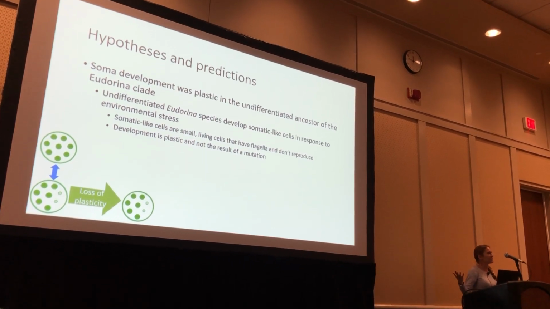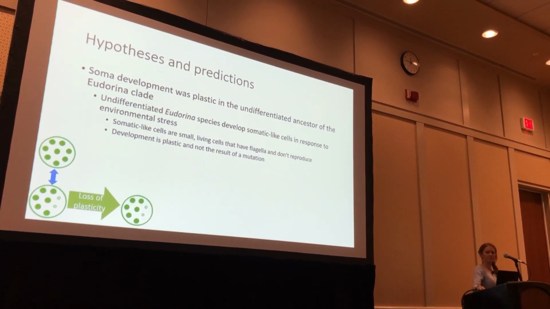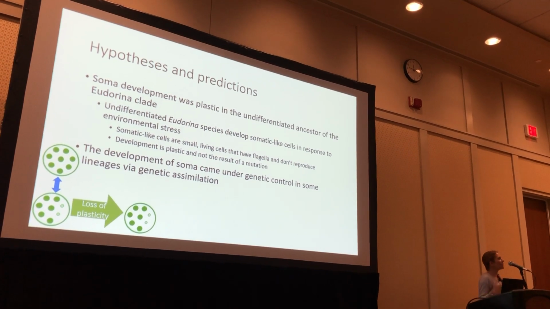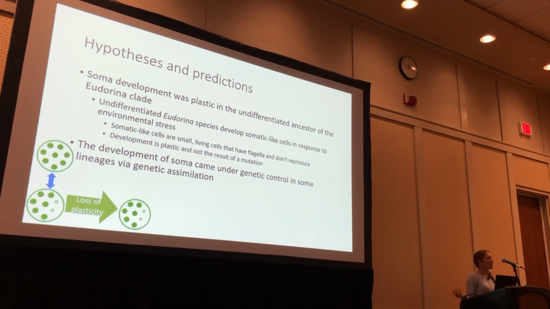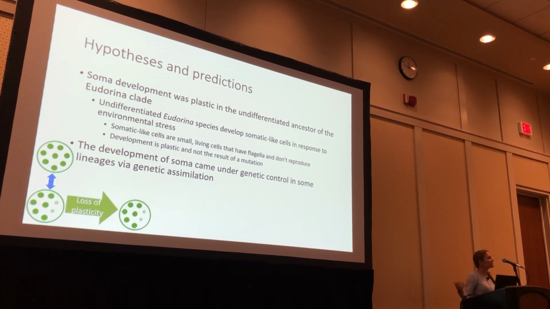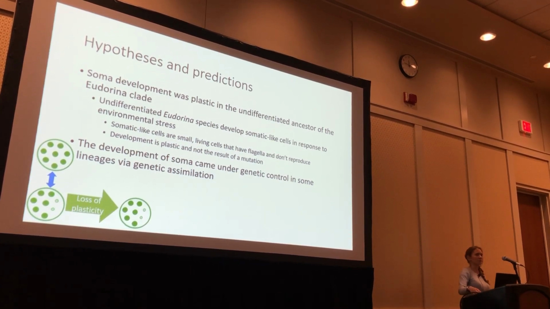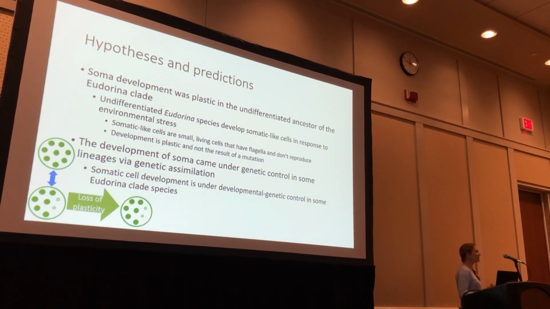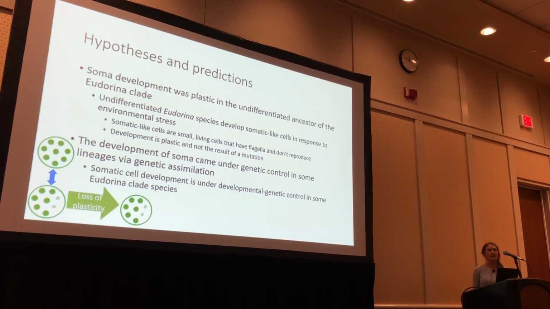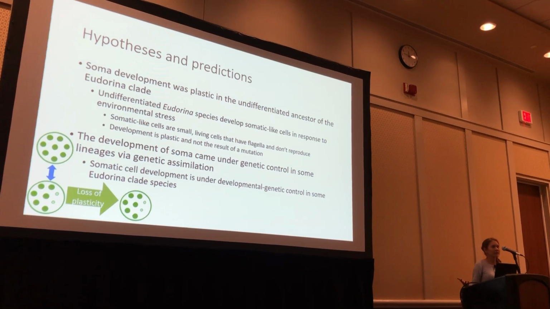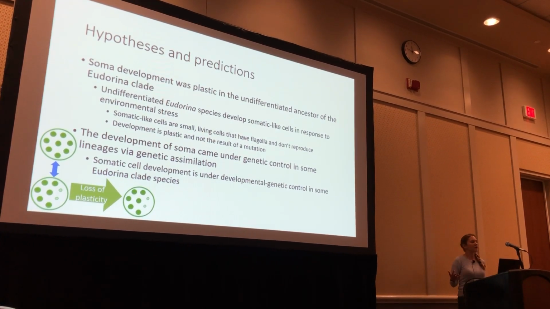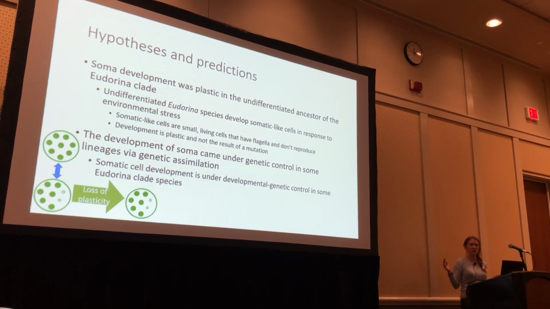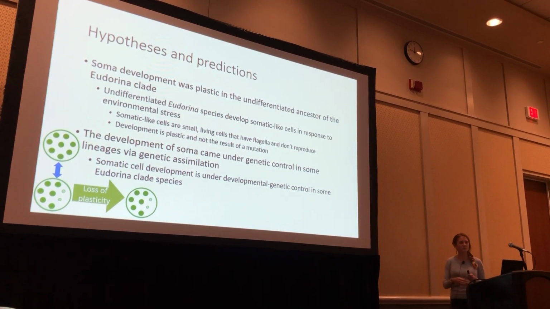They should also be plastic and not the result of a mutation. I also am hypothesizing that the development of soma came under genetic control in some lineages via genetic assimilation. And if this was the case, I would expect the ancestral state of the Eudorina clade to be plastic soma, and that somatic cell development would be under developmental genetic control in some species.